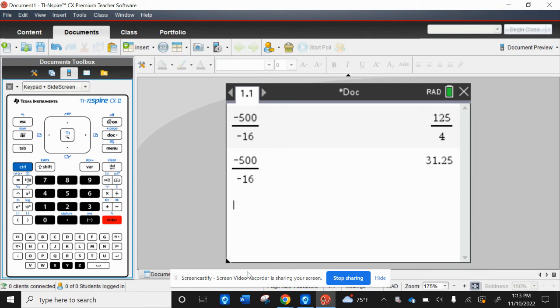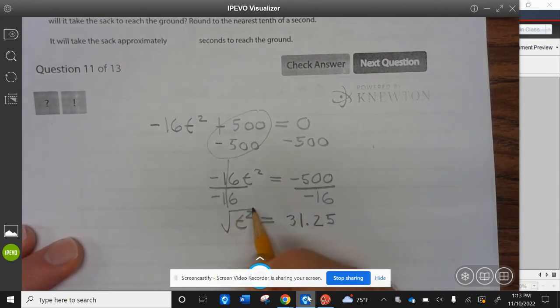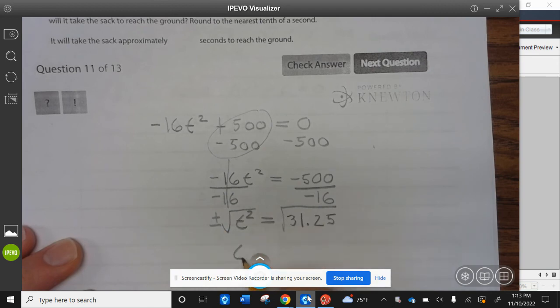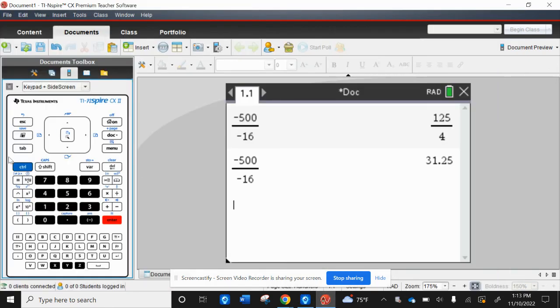Okay, so now I'm going to take the square root of both sides, plus or minus. So t equals, and let's go and take the square root. So use our calculator. Square root of 31.25 is plus or minus.